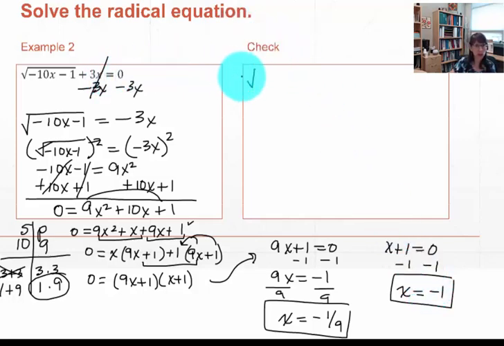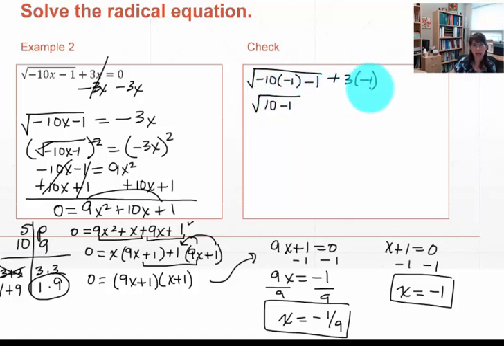Going back to the original problem, square root of negative 10 multiplied by negative 1 minus 1 under the radical plus 3 times negative 1. So I'm checking negative 1 first. And let's see, this is going to give us under the radical, negative times negative would be positive 10 take away 1.